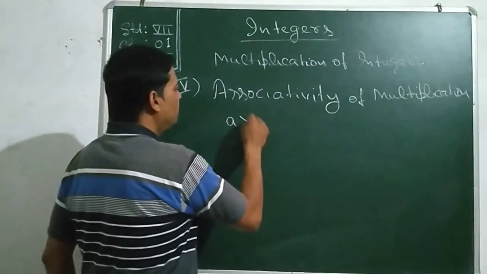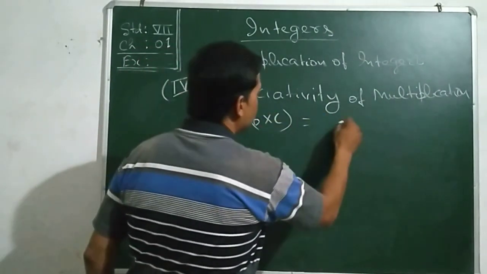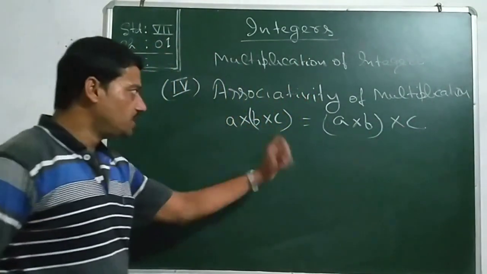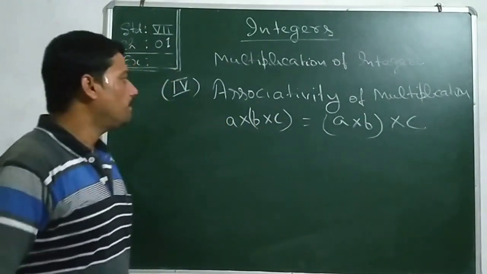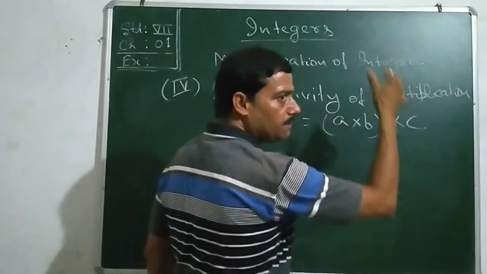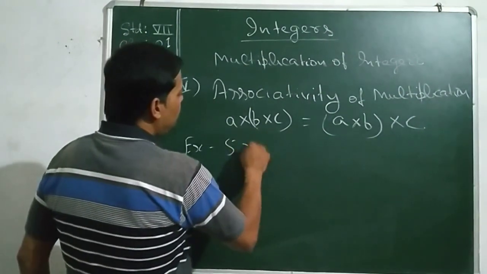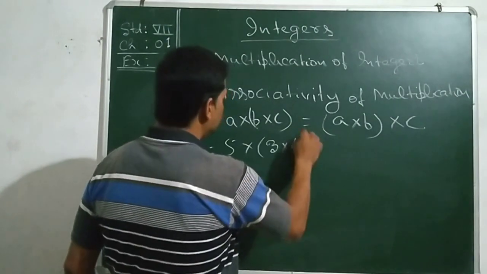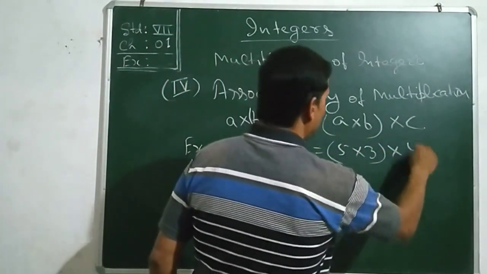We had learned there (A into B) into C was equal to A into (B into C). It doesn't matter whether we associate B and C first and multiply by A, or associate A and B first and then multiply by C. For example, if you take (5 into 3) into 4 equal to 5 into (3 into 4).